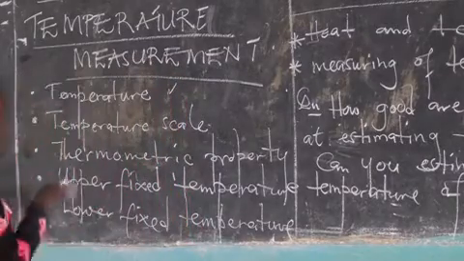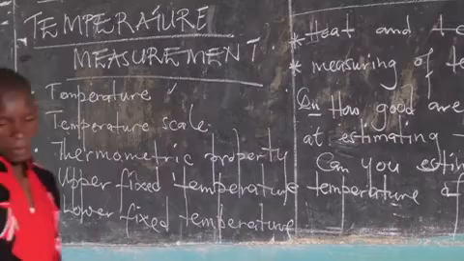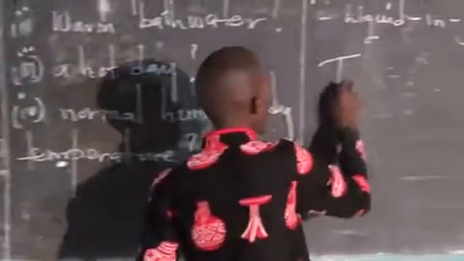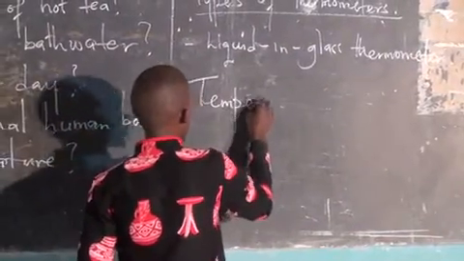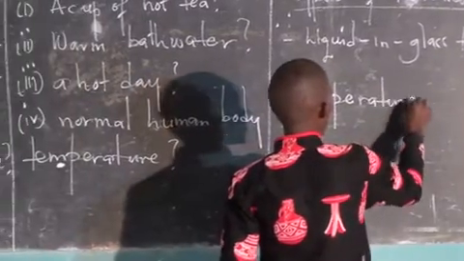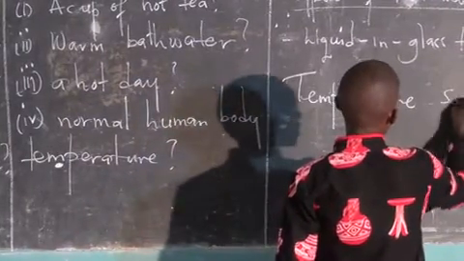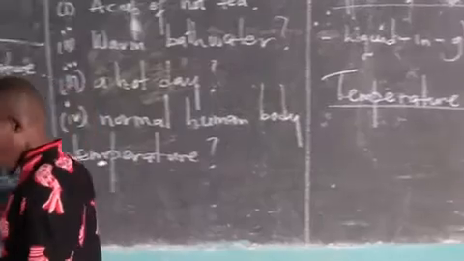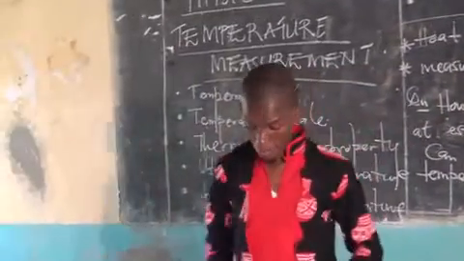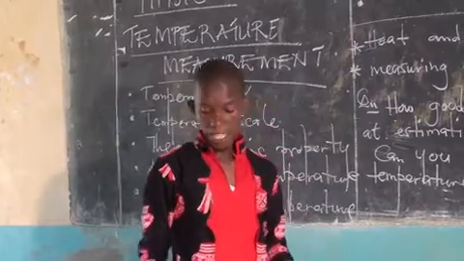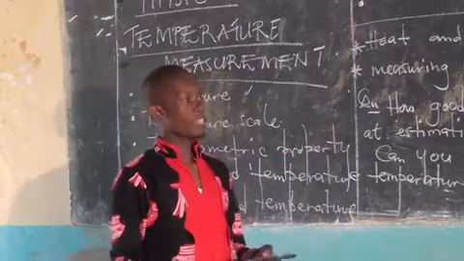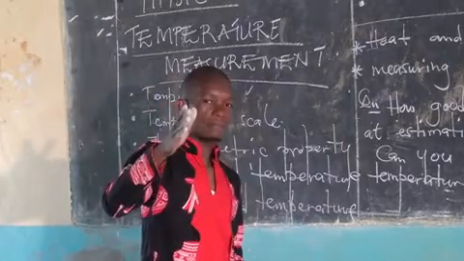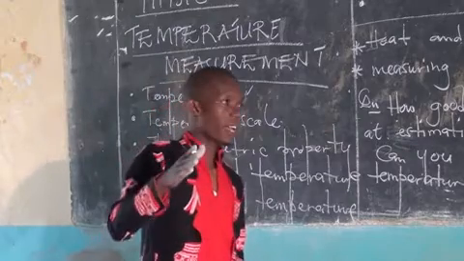Let us talk about the temperature scale. Here, we are going to talk about the upper fixed point and the lower fixed point. Identify what you call the upper and what you call the lower.